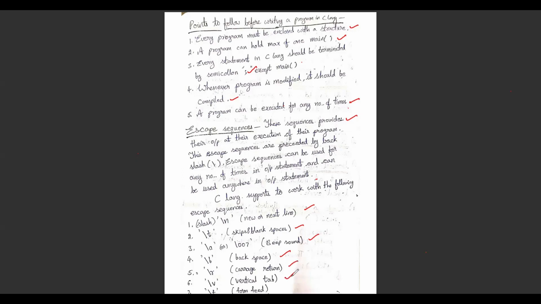Backslash v is vertical tab. Backslash f is form feed. In these, we are going to work with backslash n, backslash t, and sometimes backslash v. Only three, but maximum we are going to use the first two, and out of these, the first one is very frequently used.